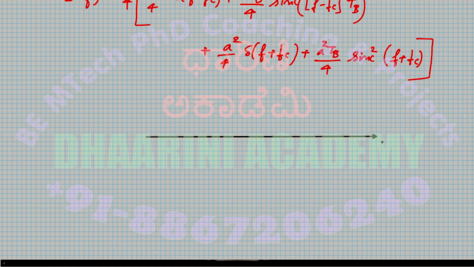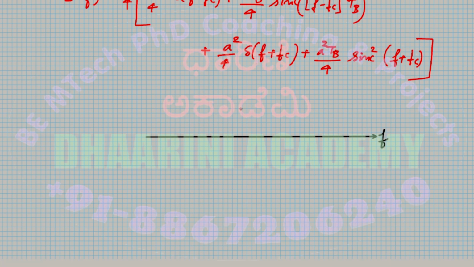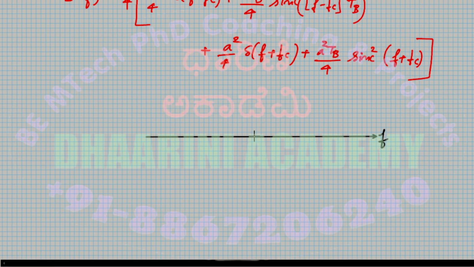So this is F, and let us say this is my y-axis. I'm plotting the SB of F here. We know something already about that. There is a delta function, right? That is delta of F. Okay, so this is the delta function. So this is A square by 4 into delta of F. All right, then A square TB by 4 into sinc square function.